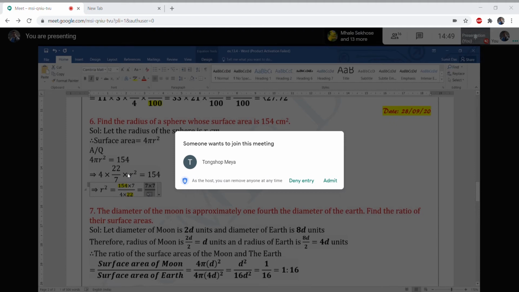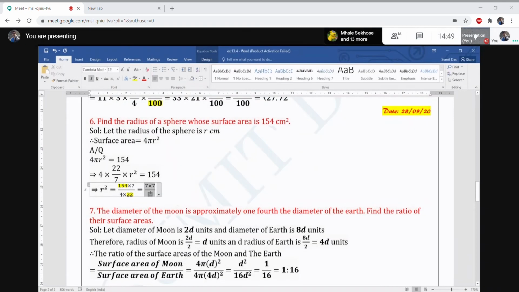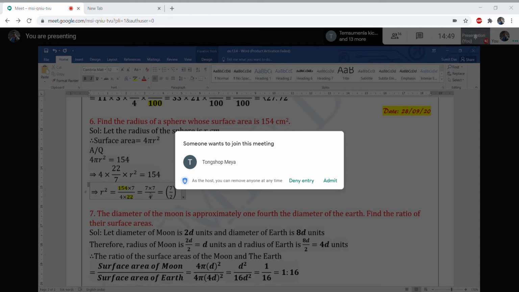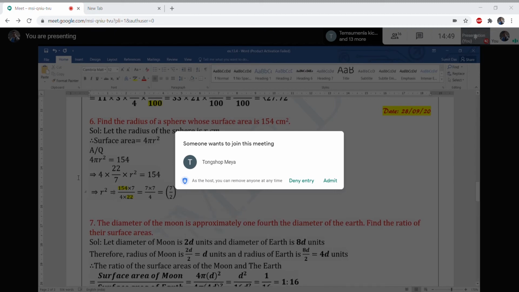And in the denominator, only 4 is left. So in the next line we can write this as 7 by 2 whole square, right? Numerator 7 into 7, denominator 4, and 4 is actually 2 square.